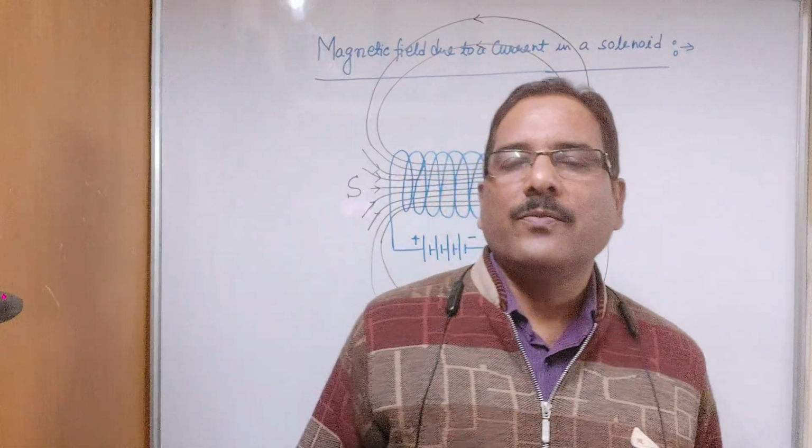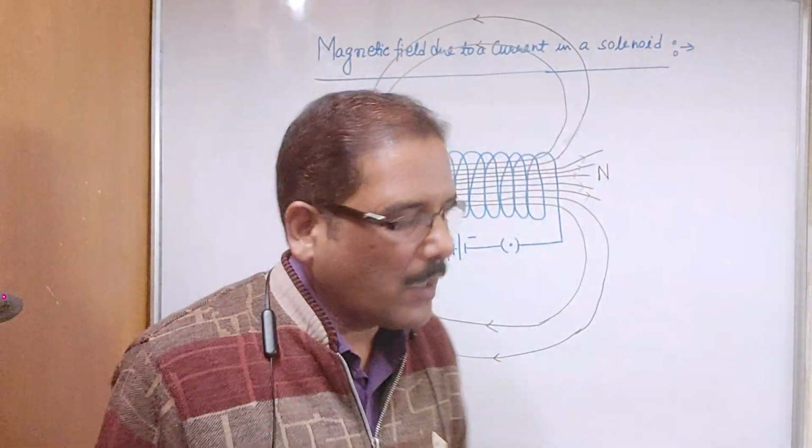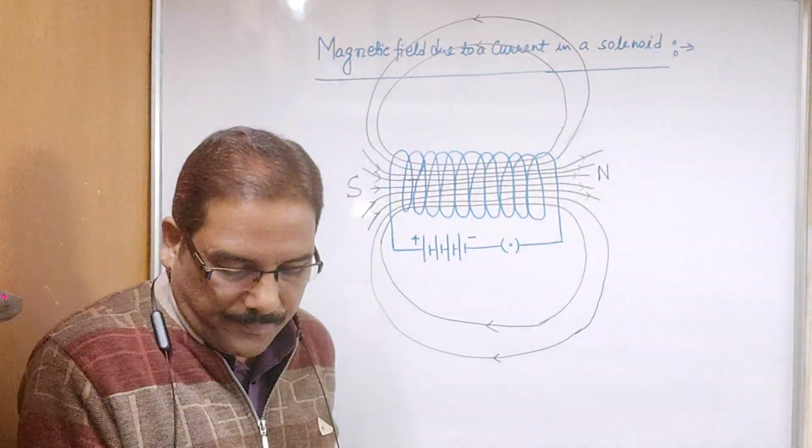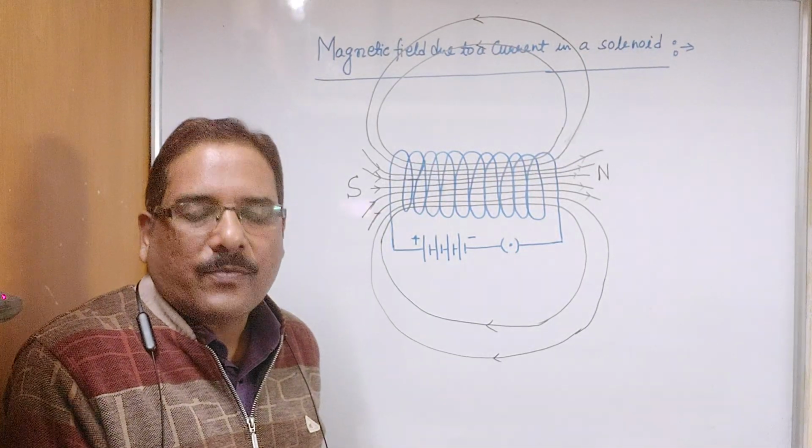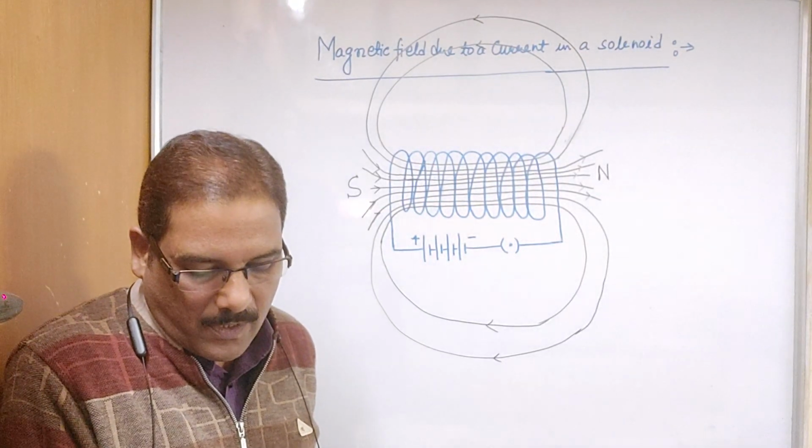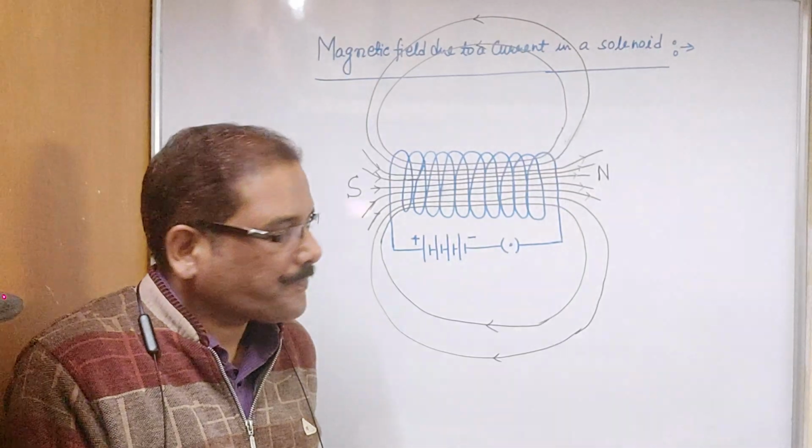The magnet so formed is called an electromagnet.